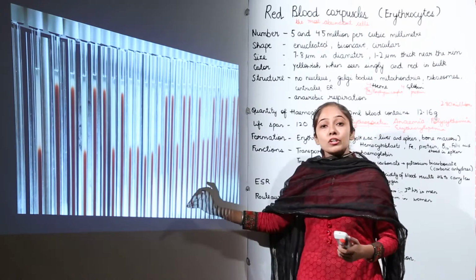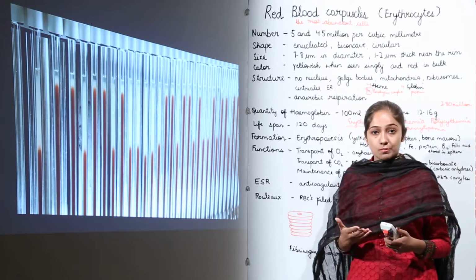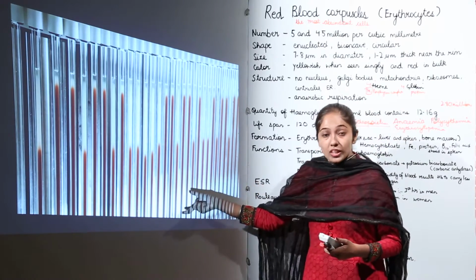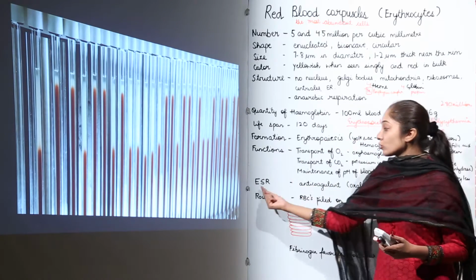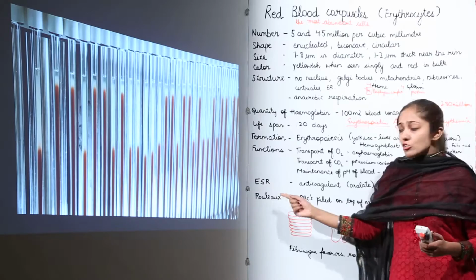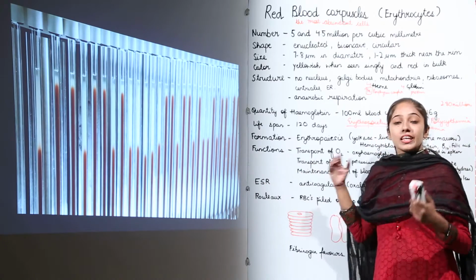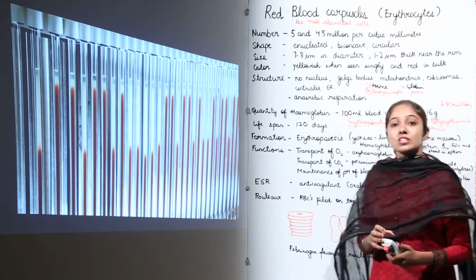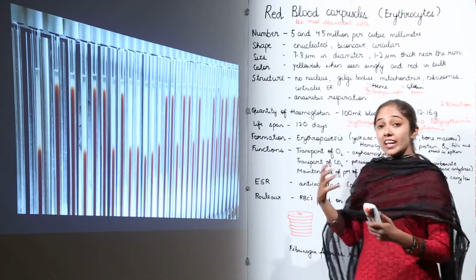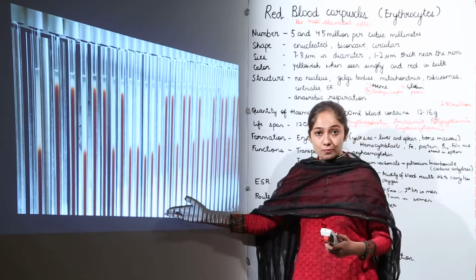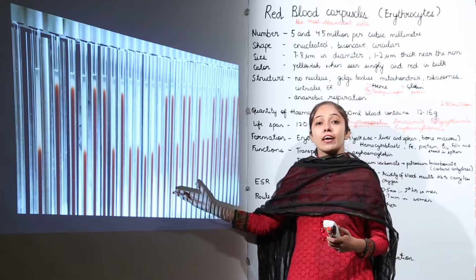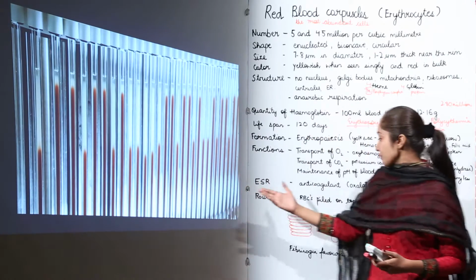They settle down because they are heavier than the plasma. The rate at which they settle down is termed the erythrocyte sedimentation rate. So as the name suggests, ESR means the rate, the time taken by the erythrocytes to sediment, to settle down at the bottom. Why do they settle down? Because they are heavier than the blood plasma.